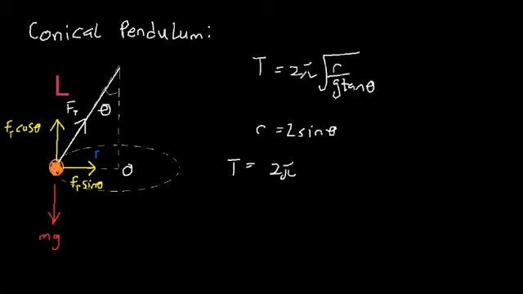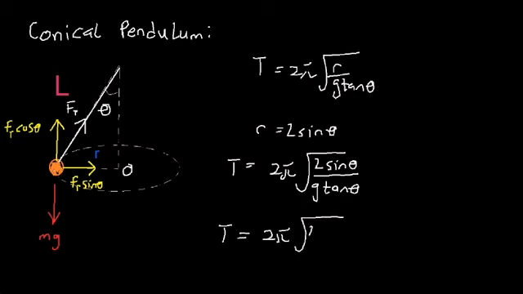This means that we can write the period as T equals 2π√(L sin θ over g tan θ), which simplifies to T equals 2π√(L cos θ over g). And this is our formula for the period of a conical pendulum in terms of the length L of the pendulum, its angle to the vertical, θ, and the acceleration due to gravity, g.